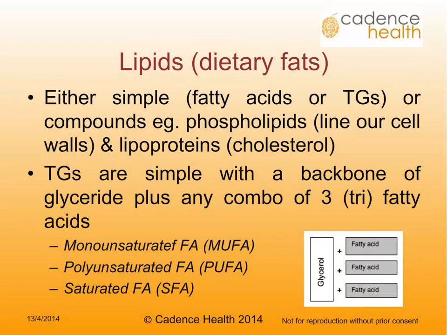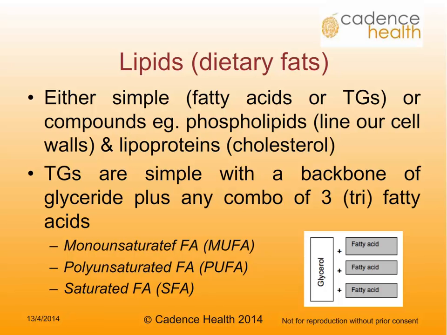So let's start by looking at the classification of lipids, that is dietary fats. We can either divide them into simple lipids, such as fatty acids, actual individual fatty acids, or triglycerides, which we'll look at in a moment, or we can class them as compound fats, which are a lot more complex, such as phospholipids.